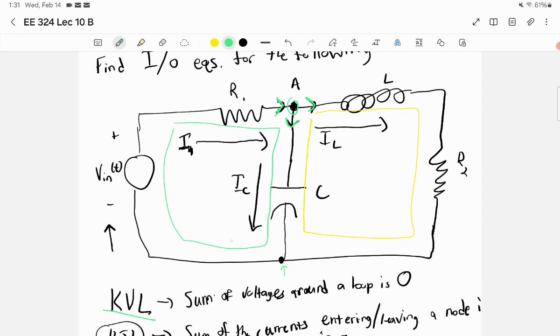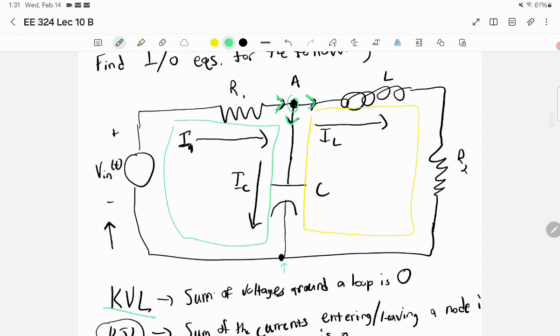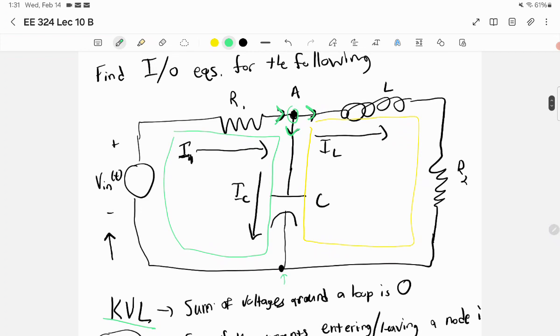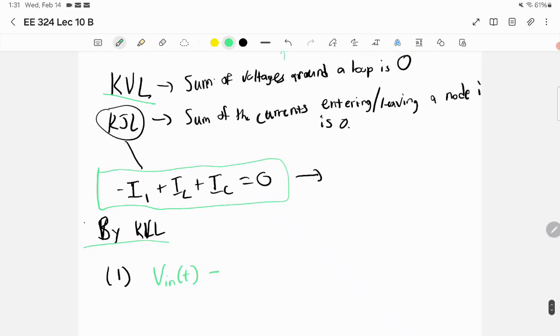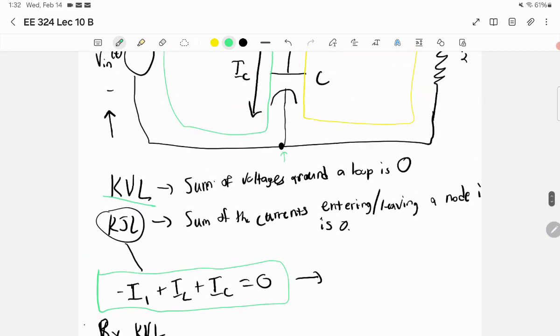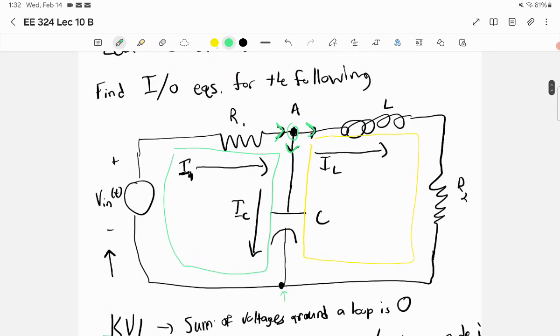Notice that as I go around this loop in the directions that have been defined, I'm going to be getting positive Vn, which means the voltages are going to be dropping across R1 and also across C. So for that one, it's going to be Vn minus VR minus Vc is equal to 0, based on how your author defined things.